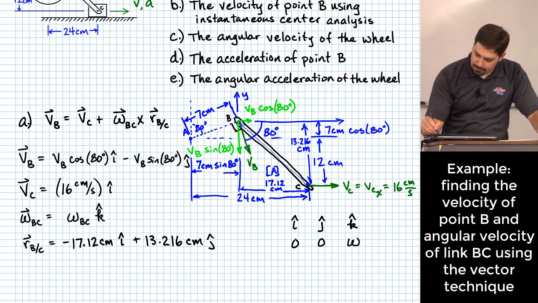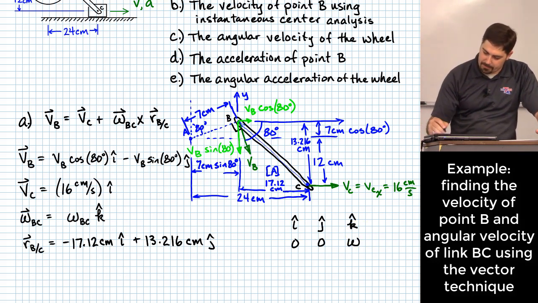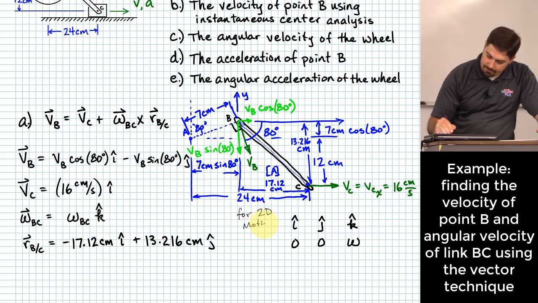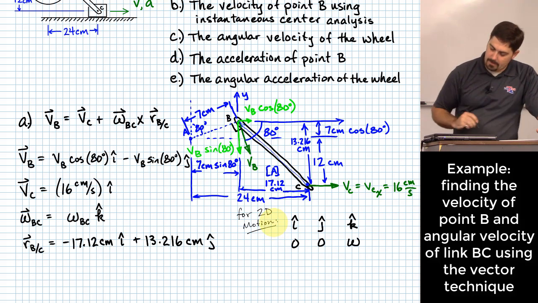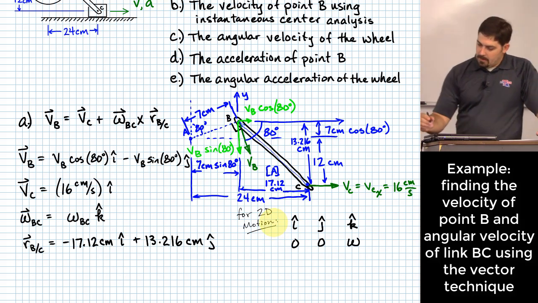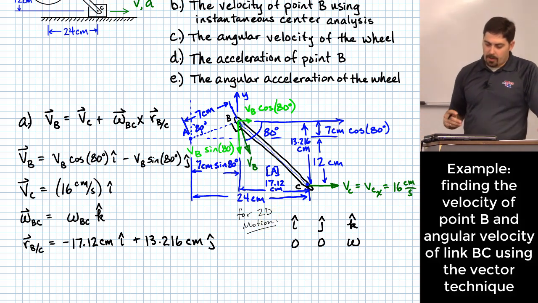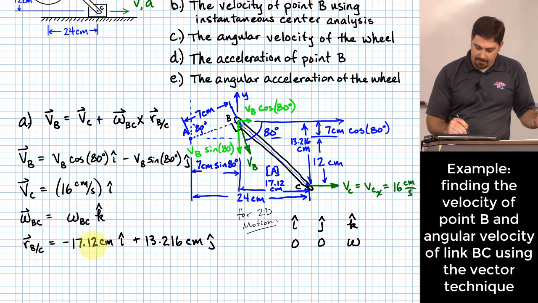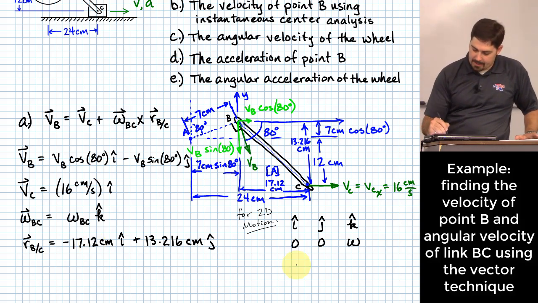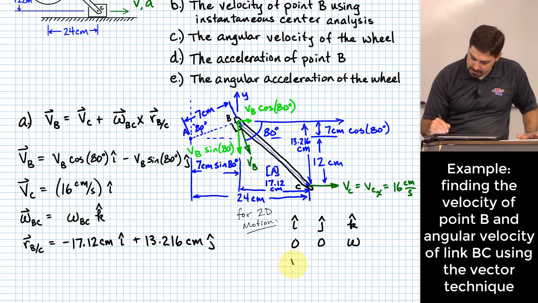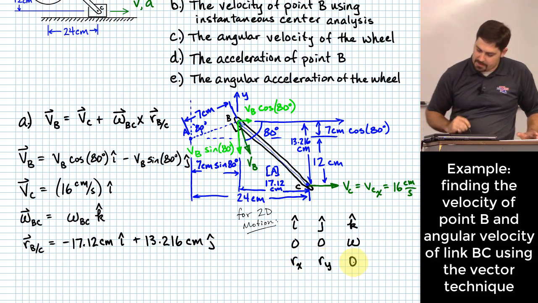So kind of to the side of this, just to make sure we don't misunderstand, this is for 2D motion. Okay. And then our r vector is always going to have components that are in the i and j. So let me just call those rx and ry, and we'll have a 0 here.